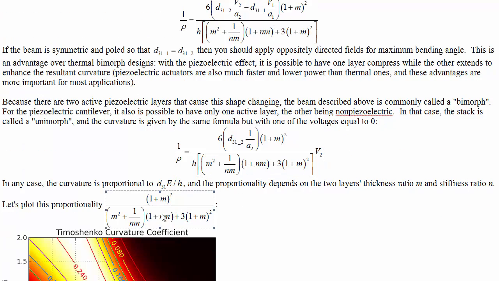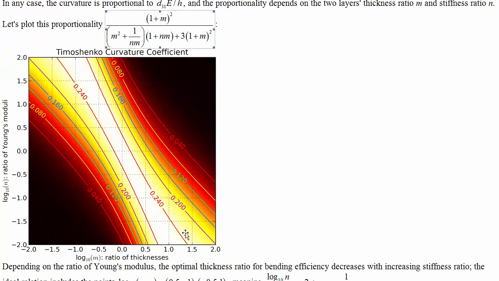Let's look at this coefficient here, which I'm going to call the Timoshenko curvature coefficient. It's a dimensionless thing based on the ratio of the Young's moduli n and the ratio of the thicknesses m. The maximum value of this coefficient is 1/4. By plotting the log of n versus the log of m, you can see exactly where that shows up and how they relate to each other.